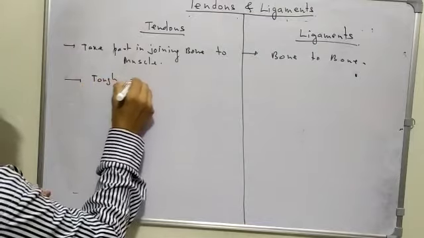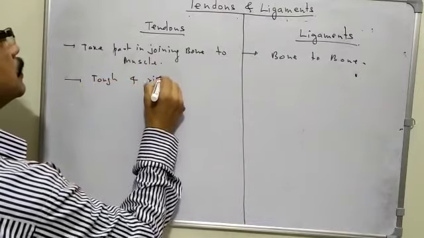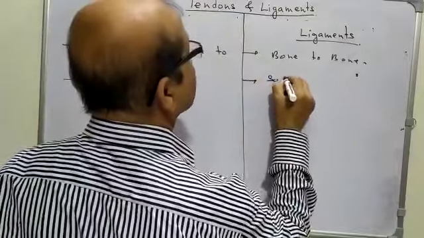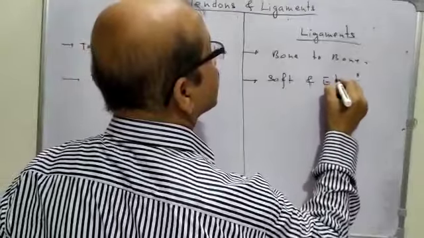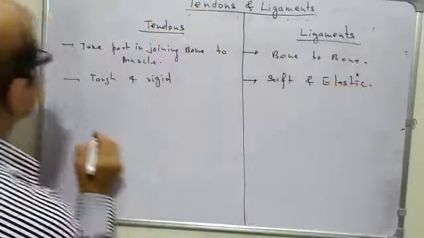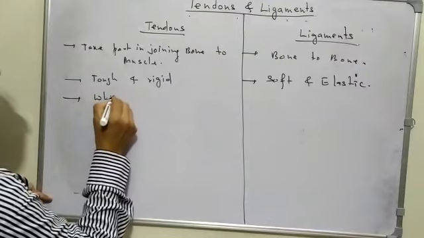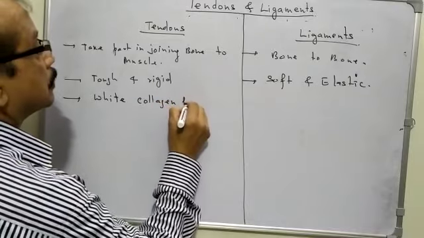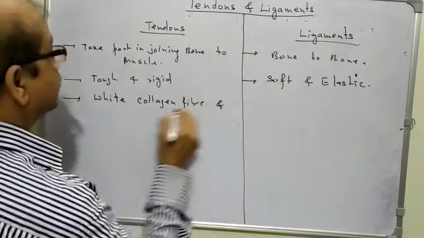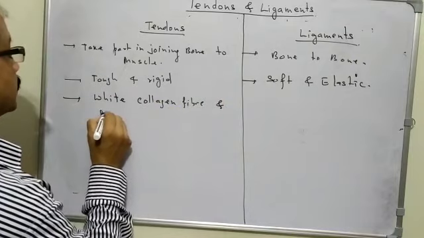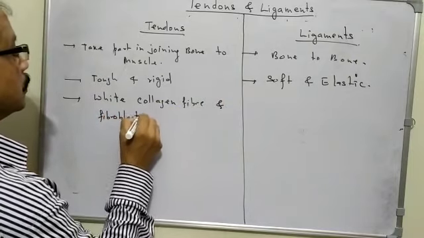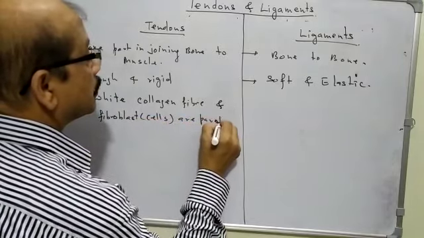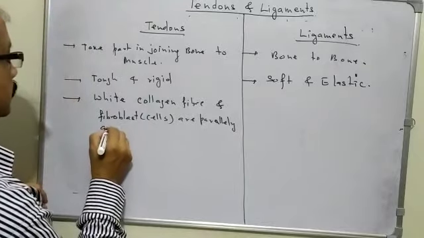Tendons are tough and rigid; ligaments are soft and elastic. Tendons are made up of white collagen fiber and fibroblast cells, parallelly arranged.